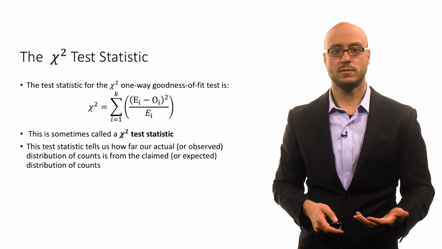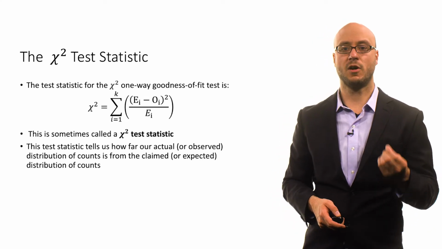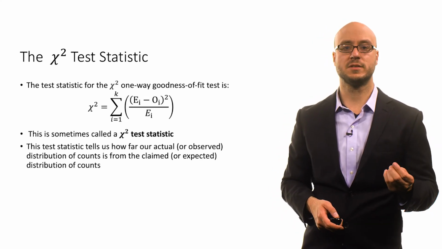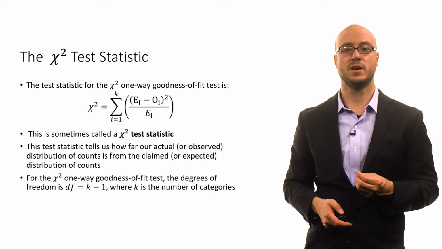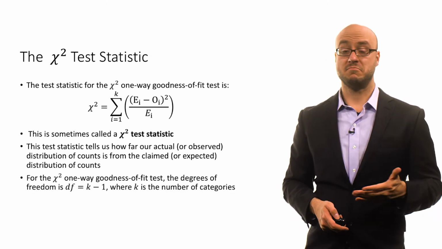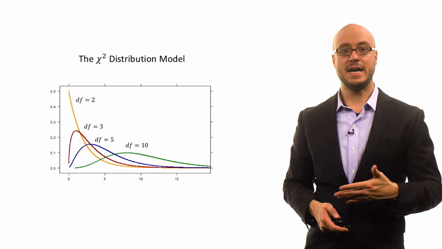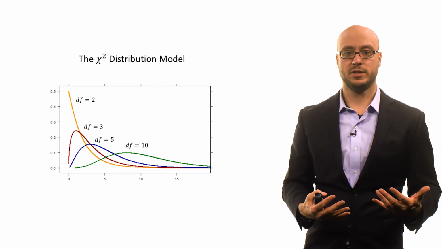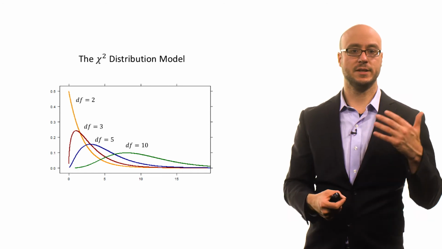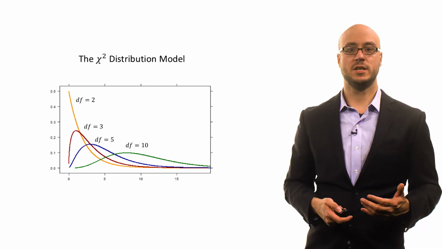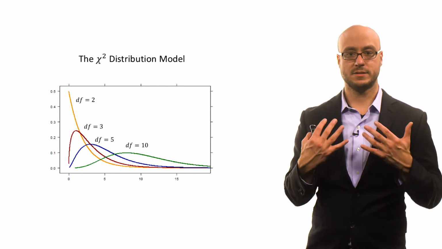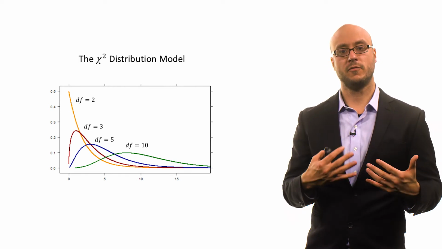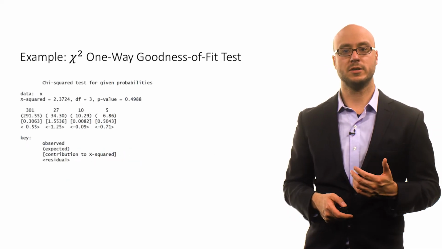This is similar to before. This test statistic tells us how far our observed distribution of counts is from the claimed or expected distribution of counts. This chi-square test statistic lies on the chi-square distribution model. The chi-square distribution model is a probability distribution model just like the normal distribution model or the t-distribution model. We use it to make inferences for the chi-square one-way and two-way tests.